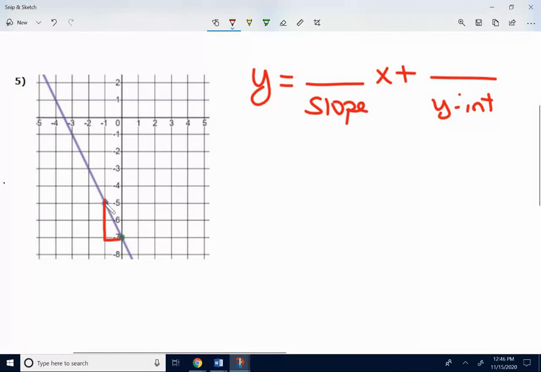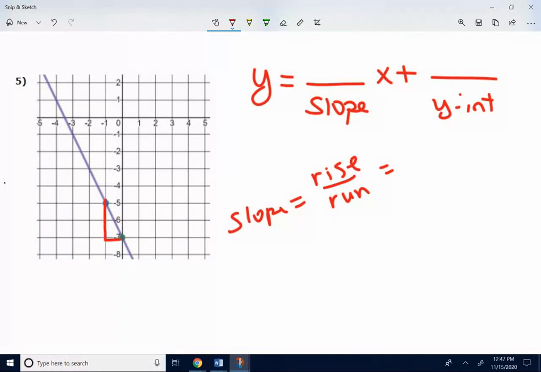Okay, I'm going down 2 spaces, right 1 space. So my rise means up or down. My run means right or left. So my rise is down 2. Okay, down is a negative direction. So my rise is negative 2. My run is over to the right 1. So positive 1 for my run. Just simplify negative 2 divided by 1 is negative 2.